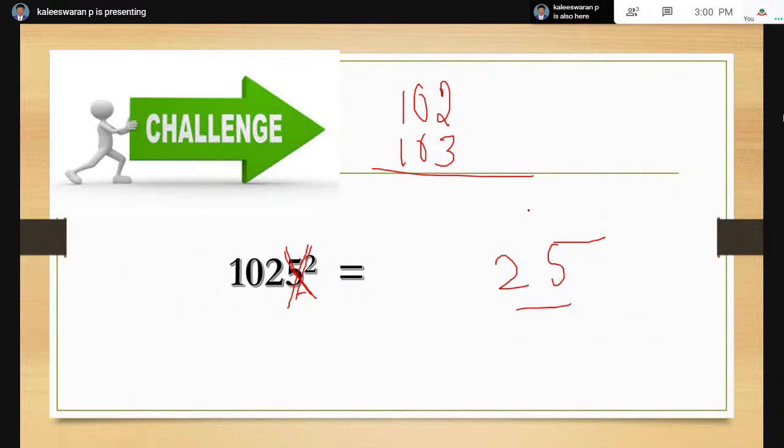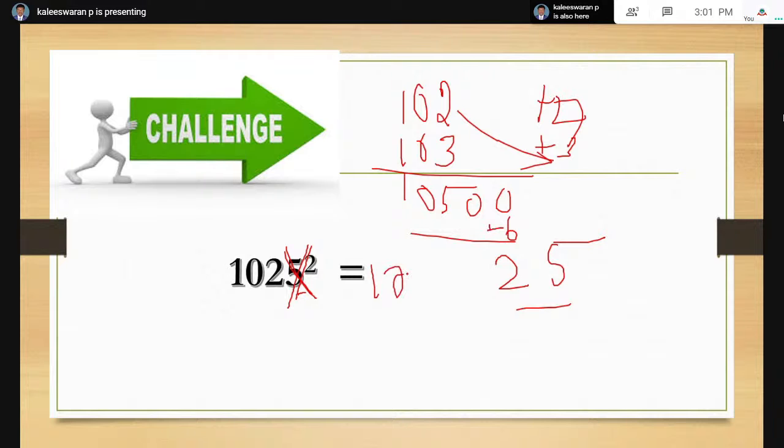So here plus 2, plus 3. Cross addition, this is 105. Then two zeros we need to add. Finally, 2 into 3 equal to plus 6. So the final answer is 1050625. This is the answer. This is the combination of two methods.